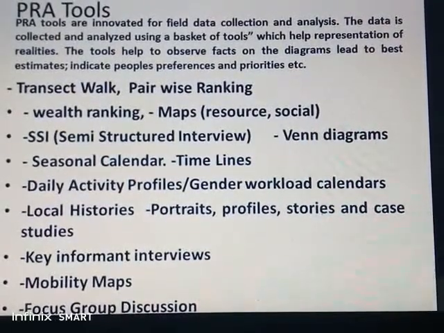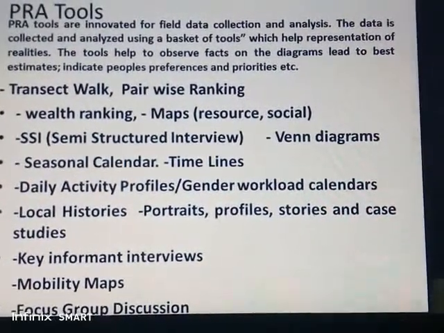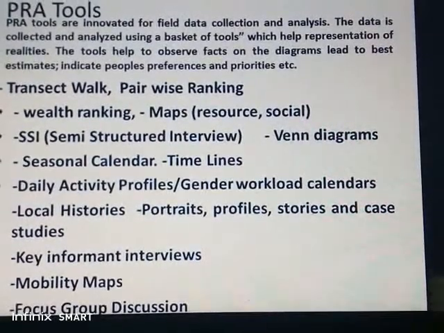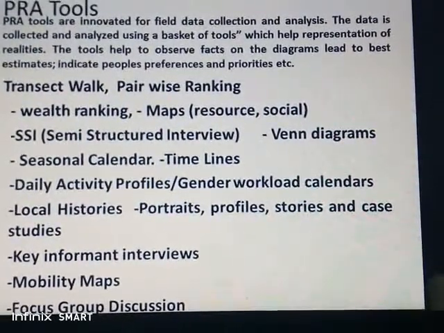So we will discuss and highlight the PRA tools one by one.